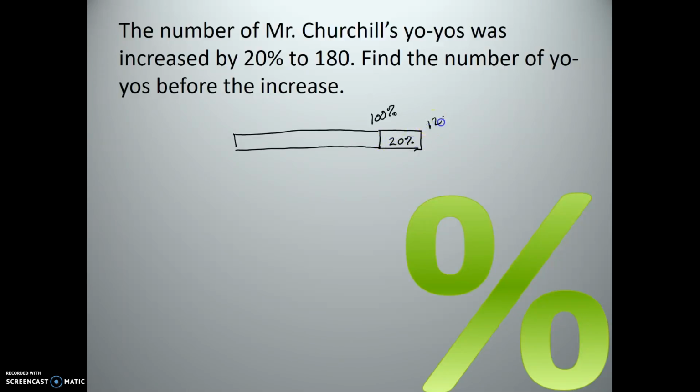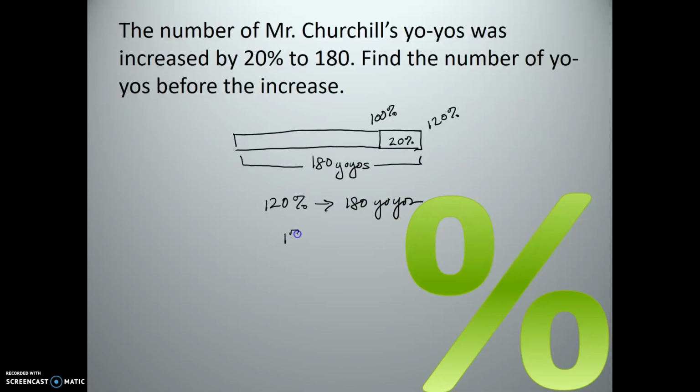Okay, so I'm going to draw that 20% there, and then I'm going to draw 120 over there. So if it was increased by 20% to 180, 180 equals that 120%. It says find the number of yo-yos before the increase. So I have 120% equal to 180 yo-yos.